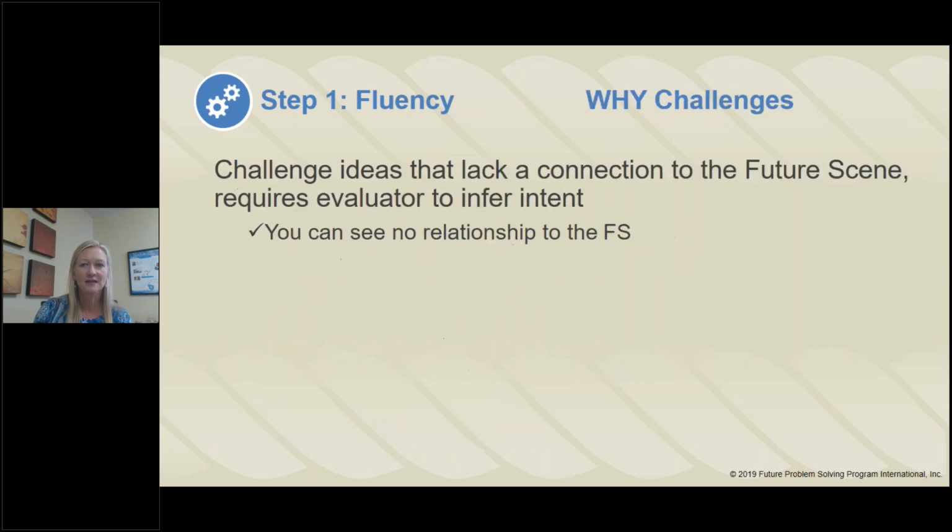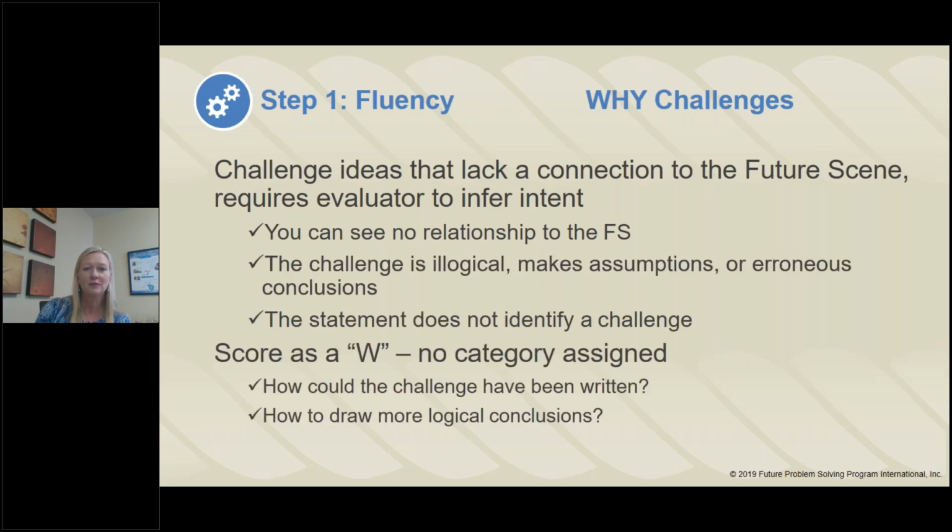The next type of challenge is a why challenge. These are challenges that really lack connection to the future scene, and the evaluator is having to make some inferences about what exactly the students are trying to say. You can't see any relationship to the future scene.